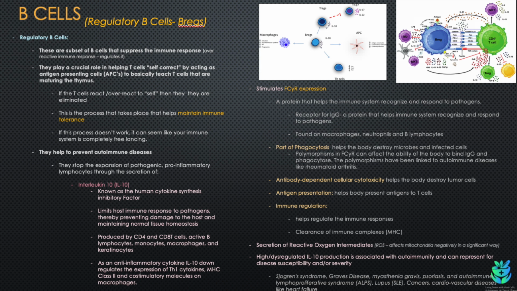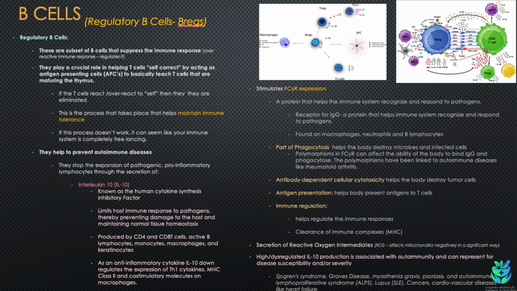They are produced by CD4, those are your helper T cells, and CD8 T cells, those are your killer or also known as cytotoxic T cells, and active B lymphocytes, monocytes, macrophages, and keratinocytes.